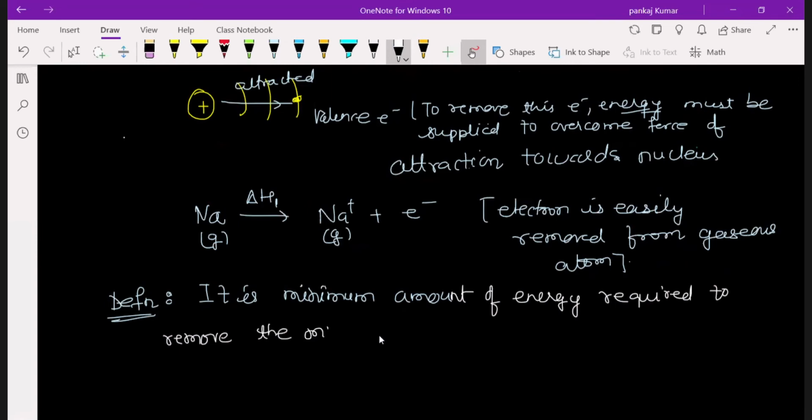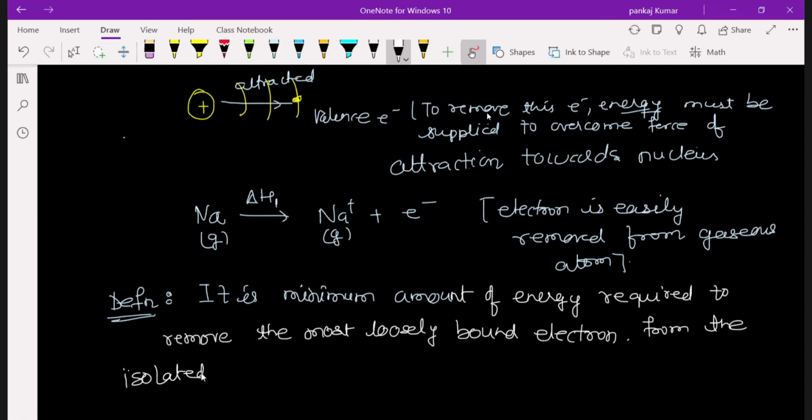Obviously the valence electrons are mostly loosely bound, from an isolated gaseous atom, so as to convert into a gaseous cation. When you remove the electron, it will convert.